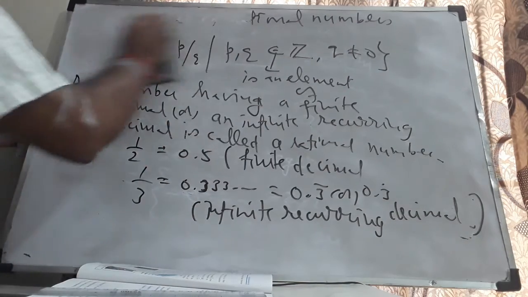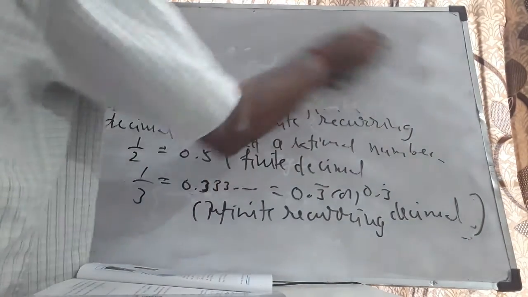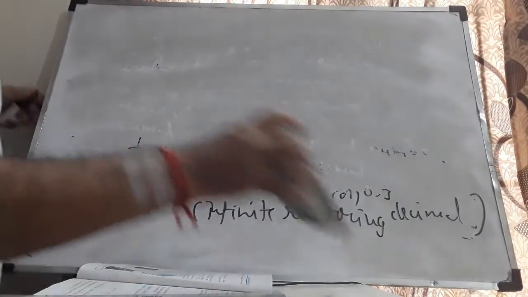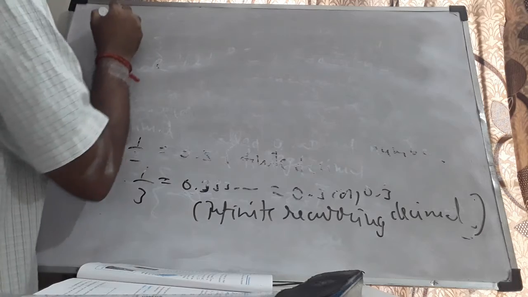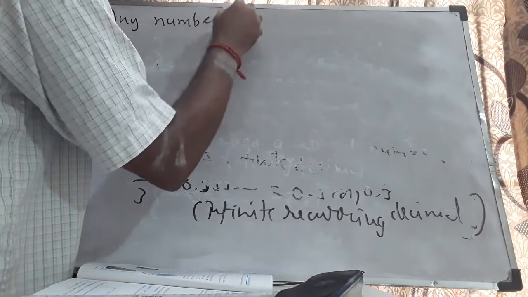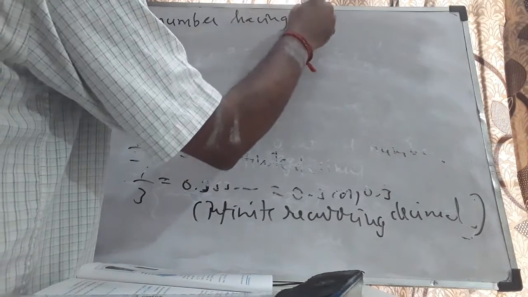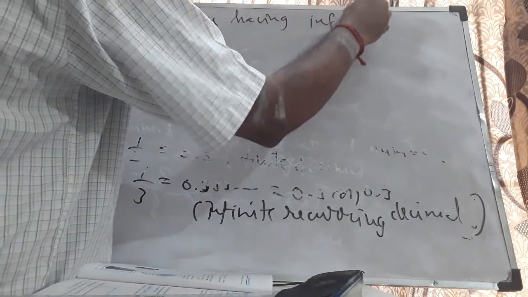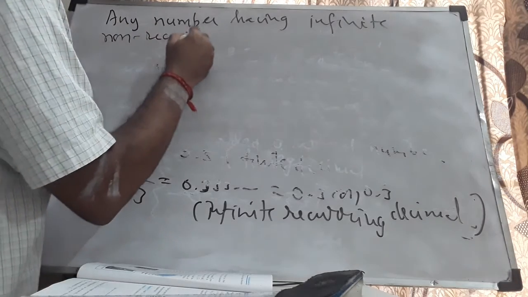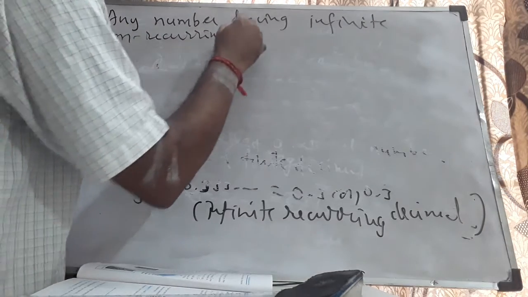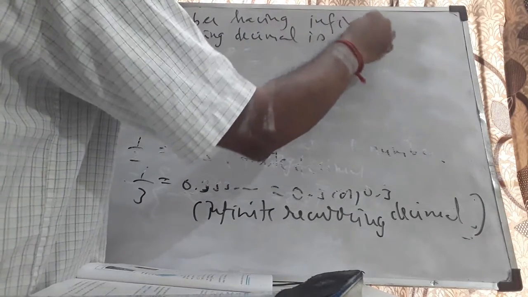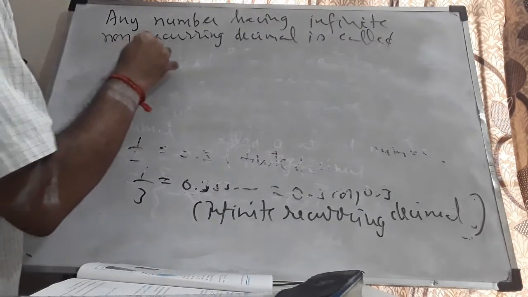There is one more decimal representation, which comes under infinite non-recurring. Any number having an infinite non-recurring decimal, it doesn't recur at all, is called an irrational number.